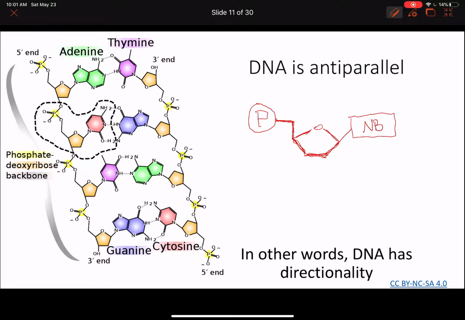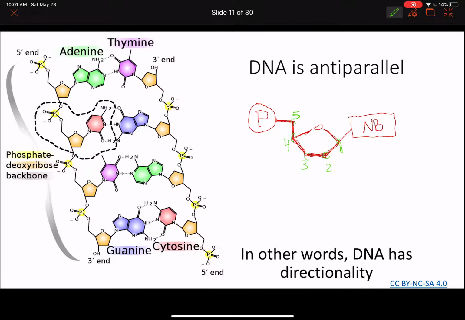Okay, so 5' to 3'. First, let's find all the carbons in here. There are 5 of them. We're going to have 1 right here, 2 right here, 3, 4, 5. There are 5 carbons in the ribose. And again, these nodes, you can imagine a carbon is right there. Carbon, carbon, carbon, carbon.